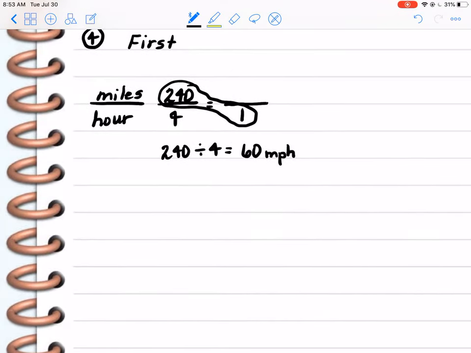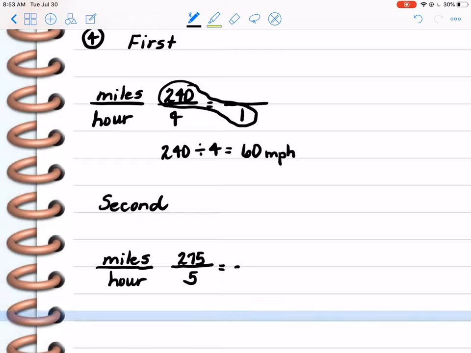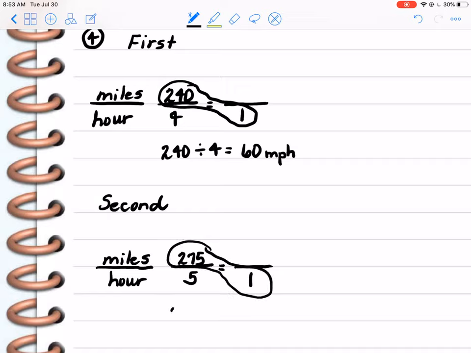Okay, the second car, again, we know miles, 275, and we know hours, 5. So let's do a unit rate here. Figure out 1 hour. That'll tell you the speed. So 275 divided by 5 is 55 miles per hour.